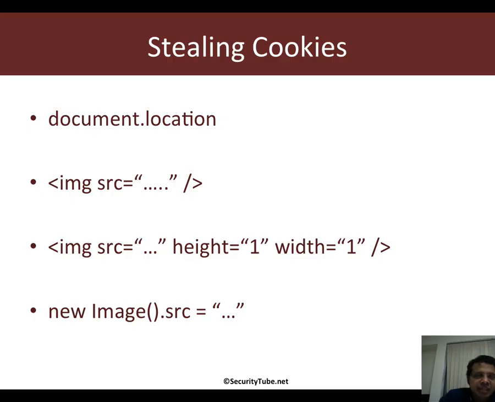In the real world, what you would want is that once you have access to the cookie, you would want to post it back to your own server so that you can impersonate the user. Now in this video, we will look at a couple of examples on how we can do that. So let's jump right in.